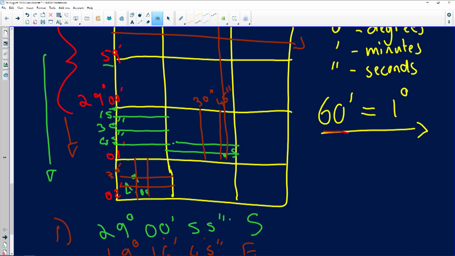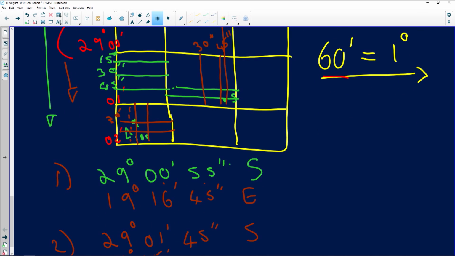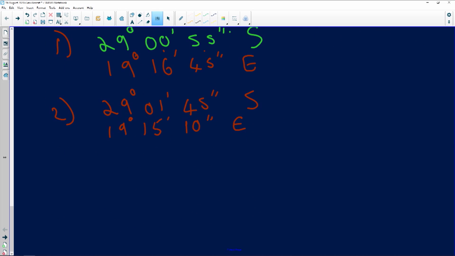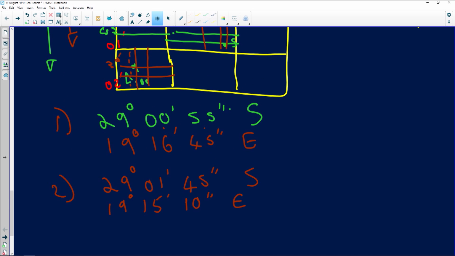Divide our first quarter into half, and I'm guessing we will find the trig station at 10 seconds east. Okay, so our coordinates for the trig station will be 29 degrees, 1 minute, 45 seconds south, 19 degrees, 15 minutes, 10 seconds east.